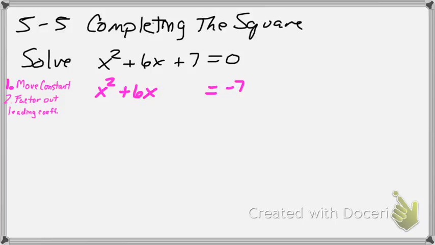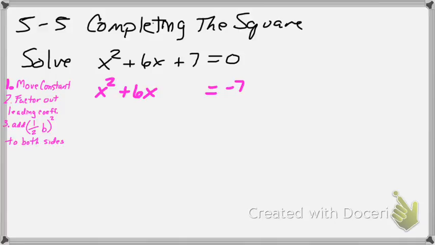Step 3. We are going to add half of the b term squared to both sides. Does anybody know what the b term is? What I'm even talking about there? 6x, and so b is just 6.